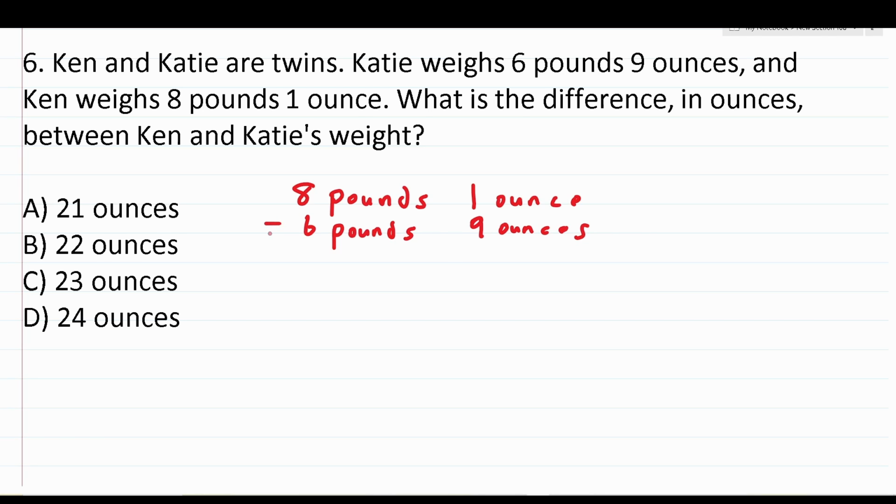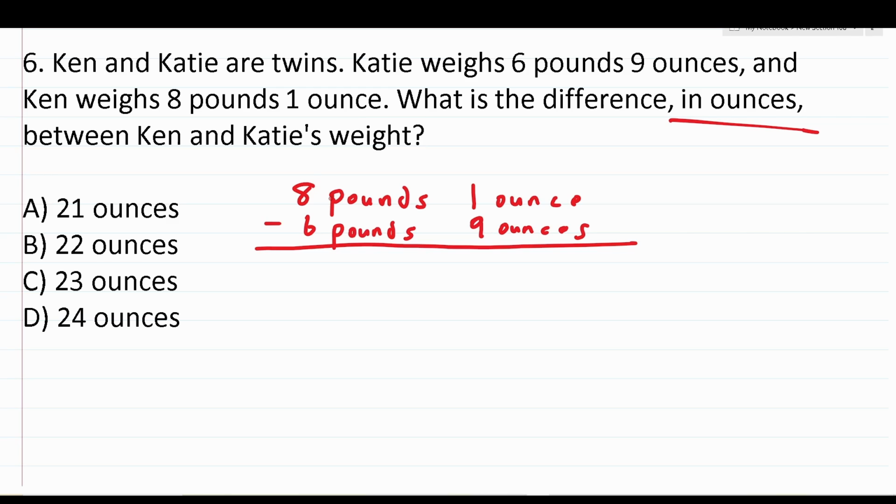We want to know the difference in their weight in terms of ounces according to this problem. So there are a few approaches you can take. You can convert their weights from the get-go to be in terms of just ounces and then do the subtraction.